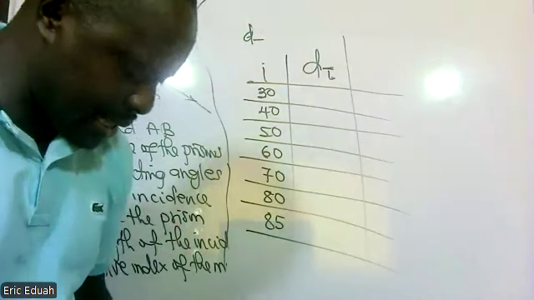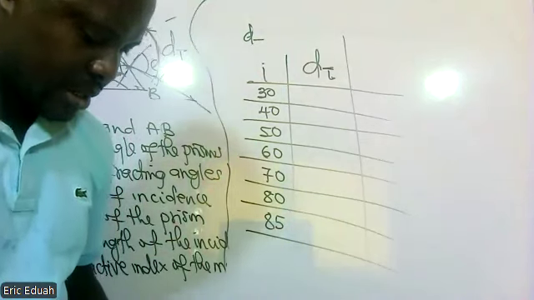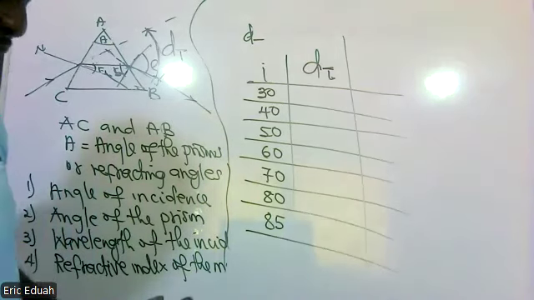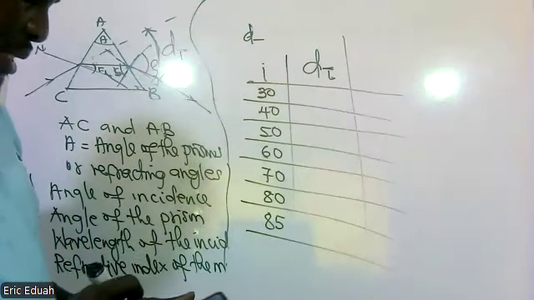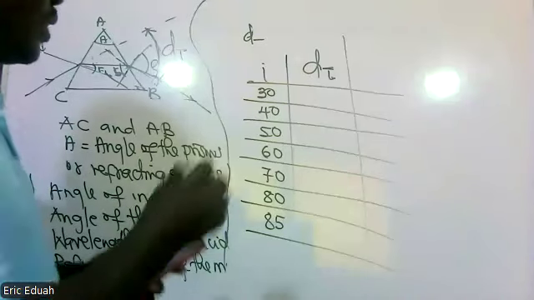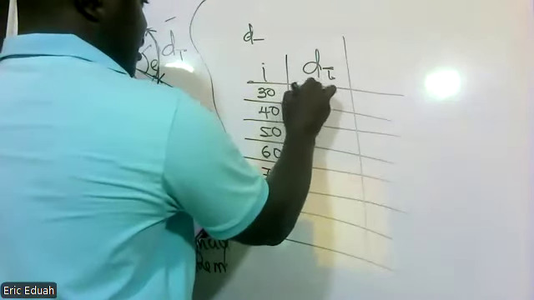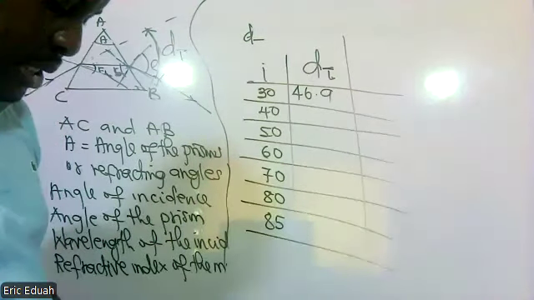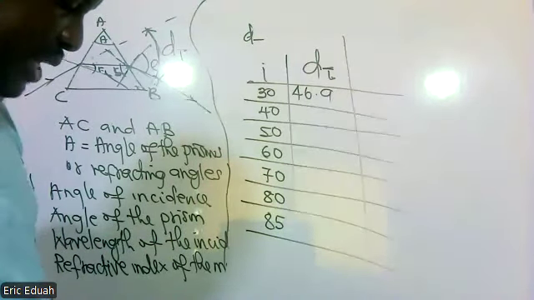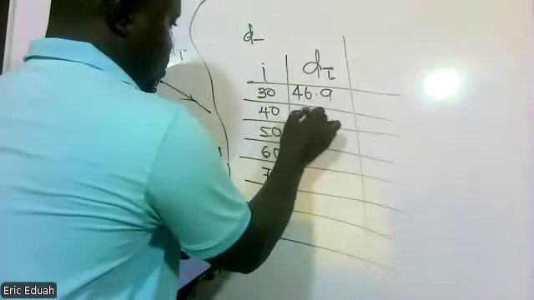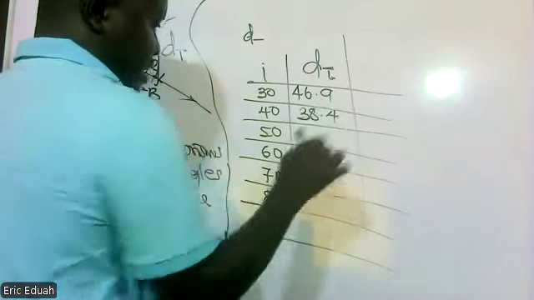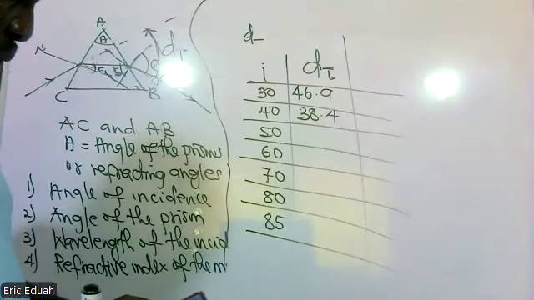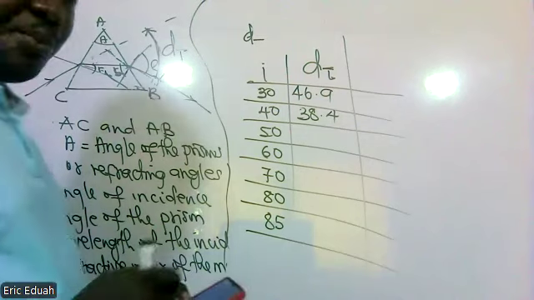So when I is equal to 30, we have a total deviation of 46.9. When I is equal to 40, we have a total deviation of 38.4. When I is 50, we have 37.2.